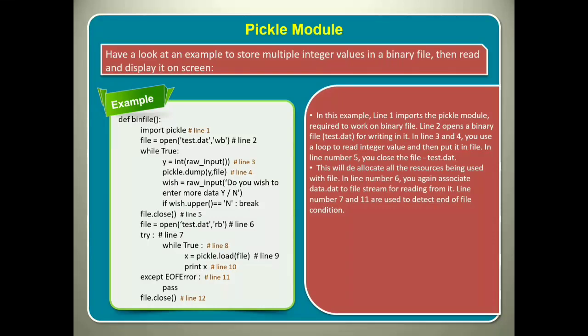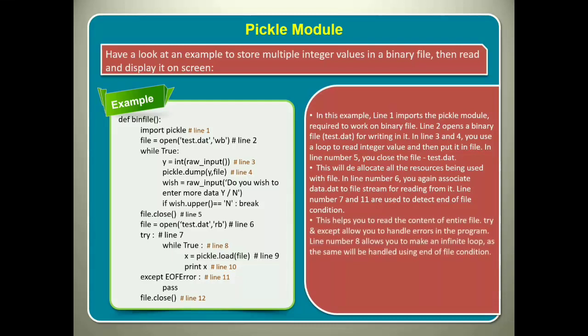In line number 6, you again associate test.dat to the file stream for reading from it. Line numbers 7 and 11 are used to detect the end of file condition. This helps you to read the content of the entire file. Try and except allow you to handle errors in the program.